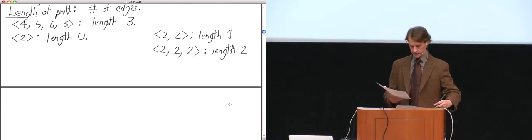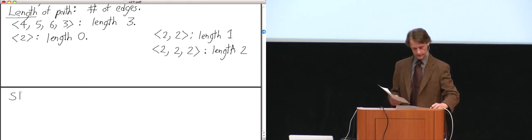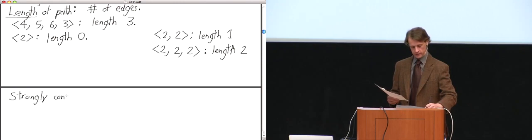Sometimes we'll talk about a graph being strongly connected. A graph is strongly connected if there's a way to get from every vertex to every other vertex.